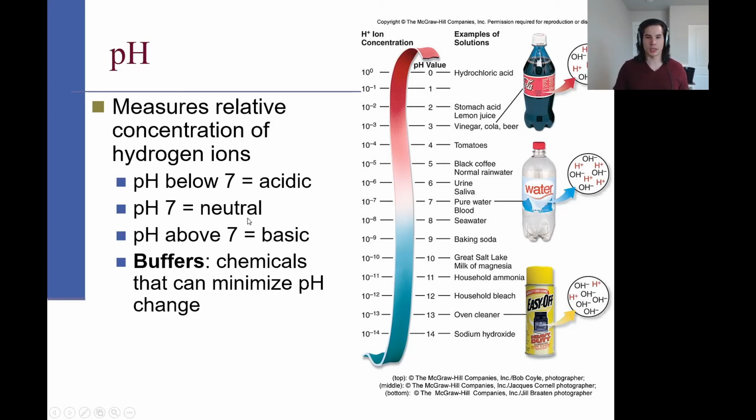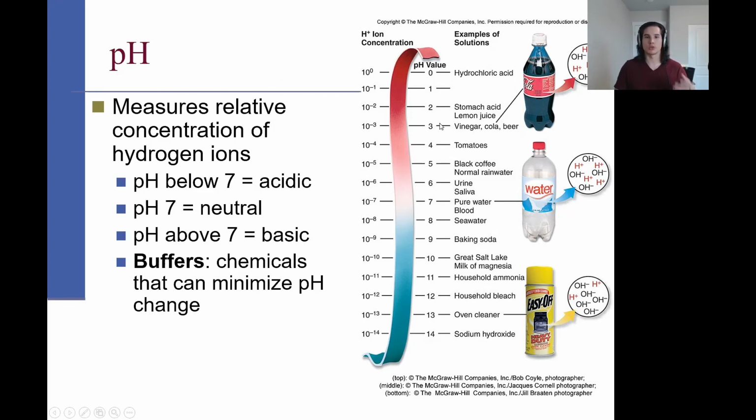And then buffers, those are just chemicals that minimize the change in pH. So something like a salt in a solution. Let's say you just have water, okay? And then you add a bunch of stomach acid to that water. So that water, which was originally 7, might move closer to like 3 or 4, depending on how much stomach acid you put into it, right?